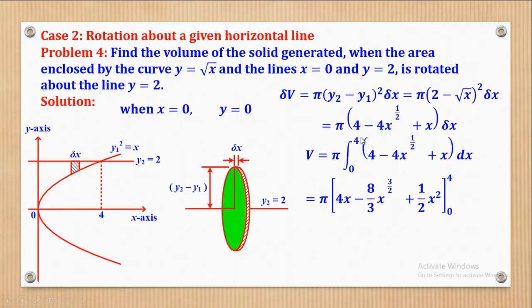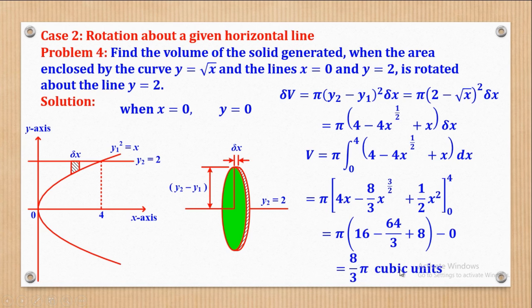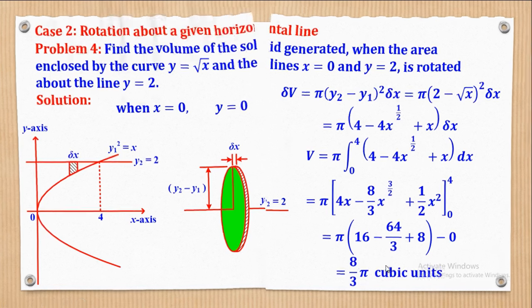That's why the limits are there. Now when I integrate this, I'll come up with 4x minus 8 over 3 x power 3 over 2 plus a half x squared. And when I substitute the limits, I'll come up with that. And when I simplify, I'll come up with 8 over 3 pi cubic units as the volume of the solid generated.